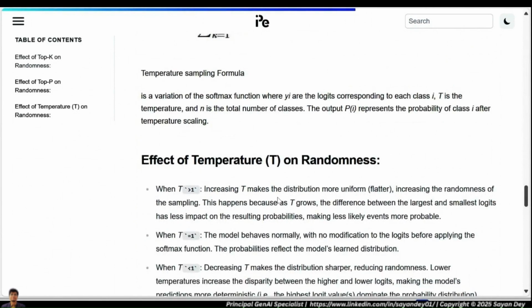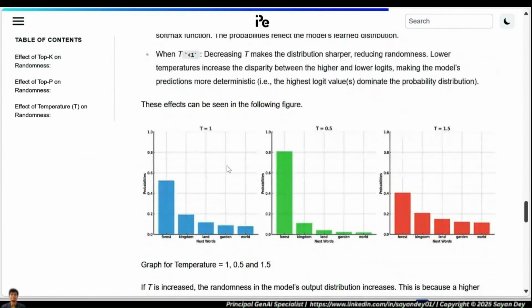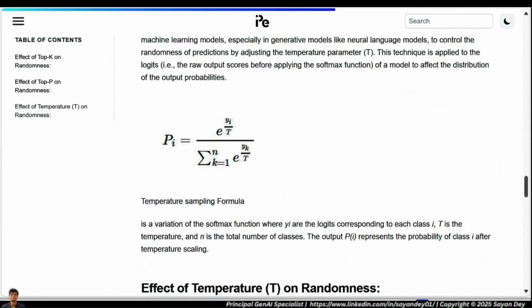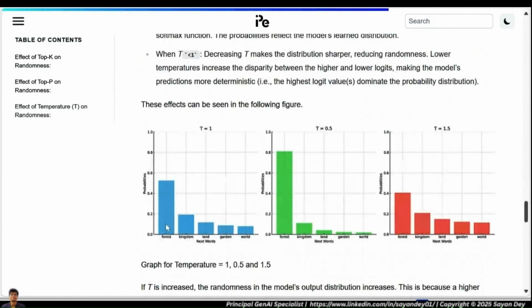In a way, what it means is there is more probability spread over the next word. When temperature is equal to 1, the word forest is 60% probable, the word kingdom is 20% probable, and the word world is 10% probable. So there's a lot of variability.